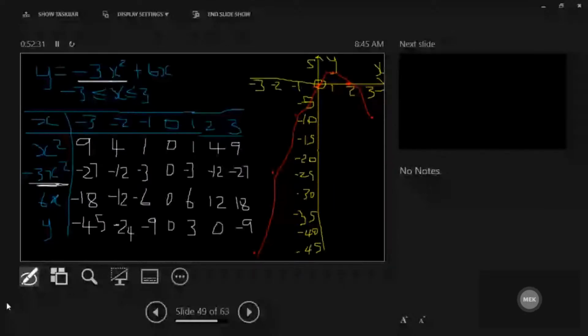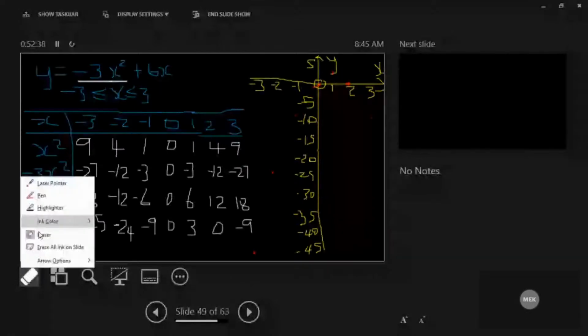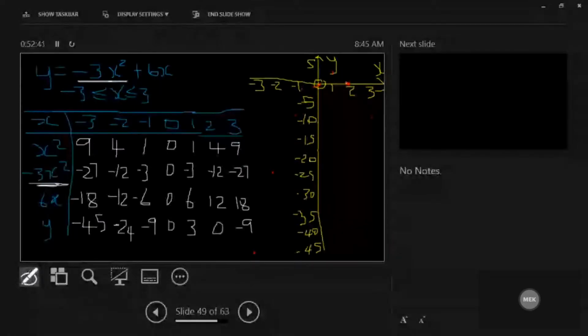I'm going to erase that again. Okay. All right, so let's take our time. We don't want it to be lumpy. I'm very good at this in real life, see? All right, so that looks better.